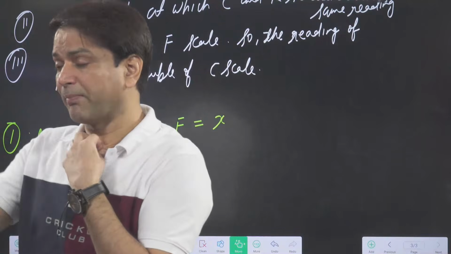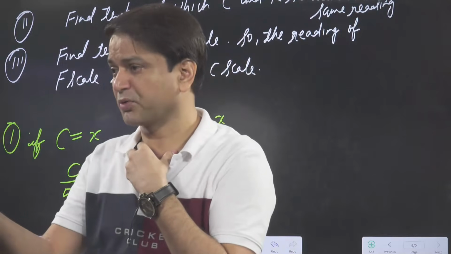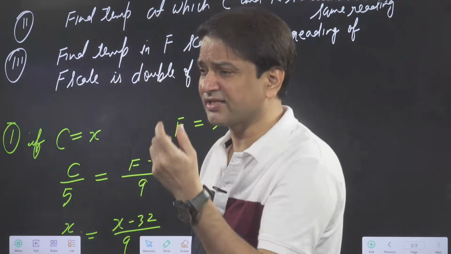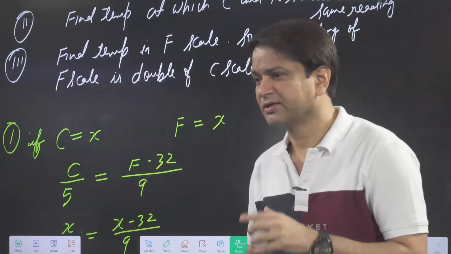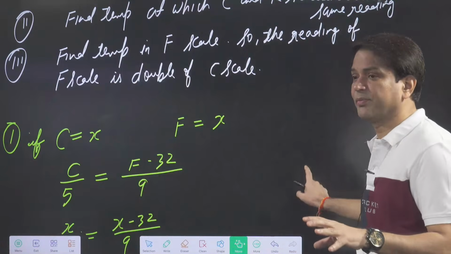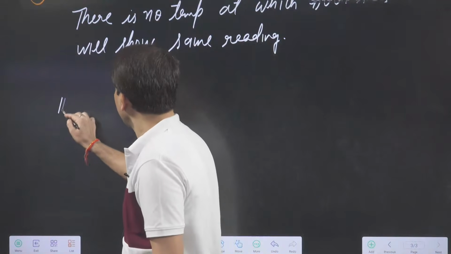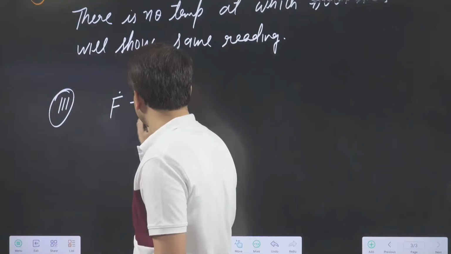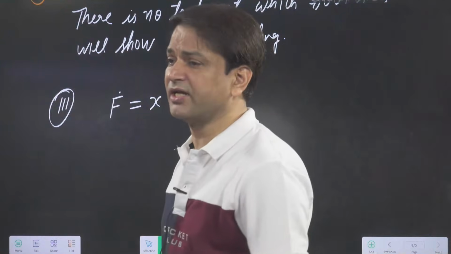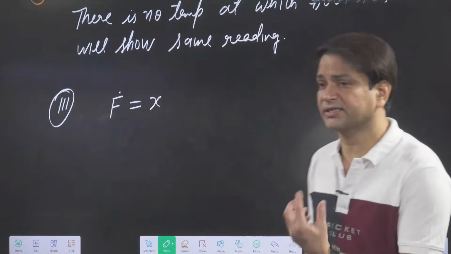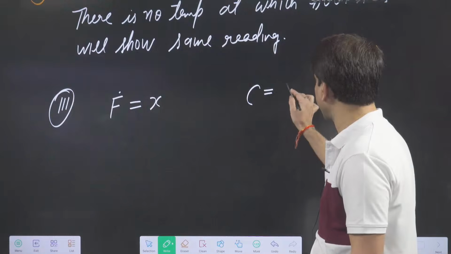Remember that it is always better to assume what we are asked for. Suppose Celsius is X, then Fahrenheit will be 2X. Or suppose the Fahrenheit scale reading is X, then Celsius will be X by 2.